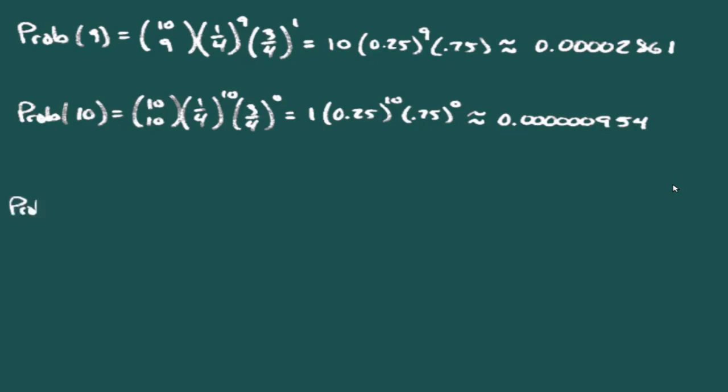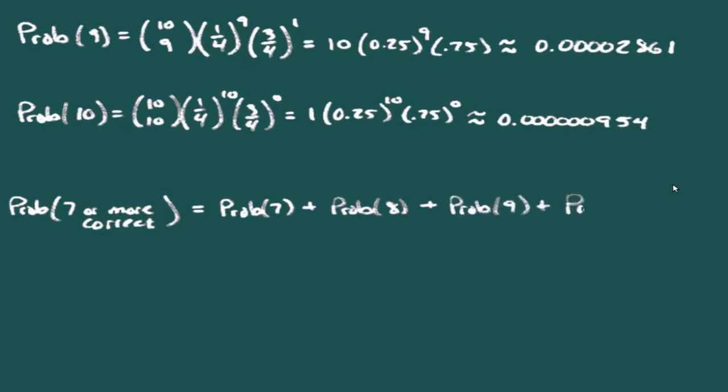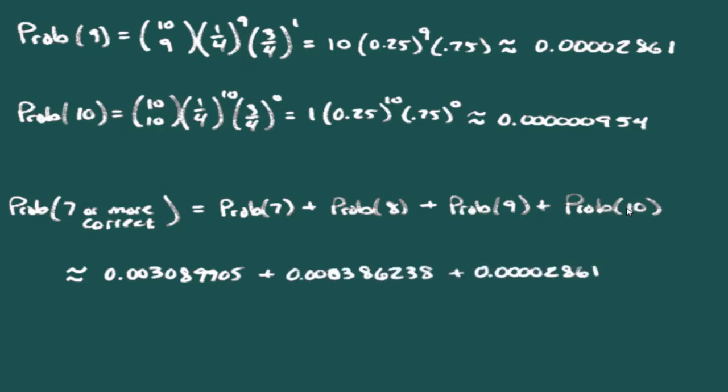Now, if we want to answer our original question, what's the probability of getting 7 or more questions correct? Well, that's going to be the probability of getting 7 correct, plus the probability of 8 correct, plus the probability of 9 correct, plus the probability of 10 correct. Plugging each one of the numbers that we just calculated in and adding them all together gives us a final probability of 0.003505707.